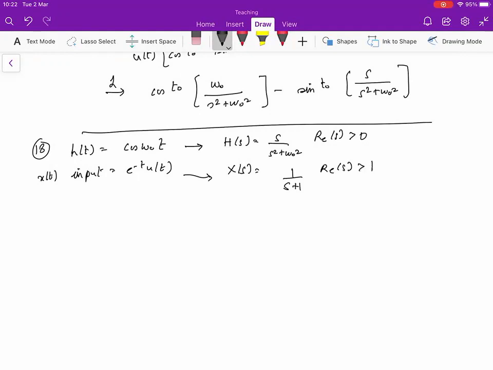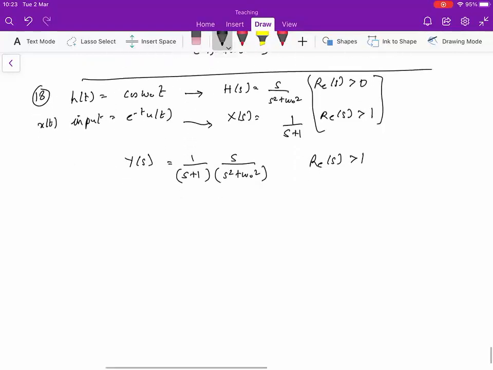So that's the region of convergence. And so Y of s is given by the product of the input and the transfer function. That's going to be 1 over s plus 1 times s over s squared plus omega naught squared. And the convergence is now going to be the intersection of these two regions, which is real of s greater than 0.